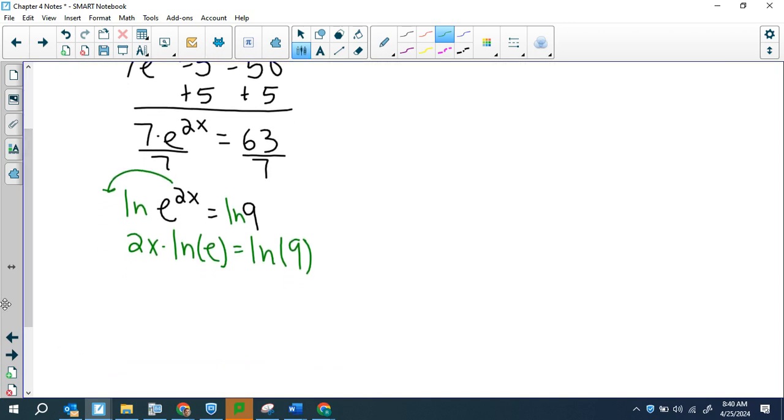The reason I would take the natural log in this case is because, remember, ln is log base e. So this would be saying log base e of e. So whenever we have the same base as what's in the parentheses, it's equal to 1. Okay, so this would become 1, and I just get 2x times 1, which is just 2x. And on the right side, I just have ln of 9.